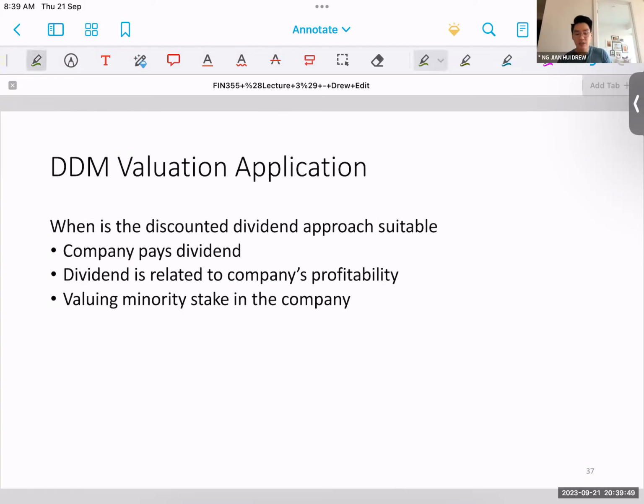So these are some general rules for when the DDM is suitable: when the company is paying dividends, and when dividends are related to the company's profitability. Remember, we talked about having a dividend policy. At the end of the day, I hope you remember that you are valuing a minority stake in the company. It means that as a minority stakeholder, you are more interested in just getting dividends.